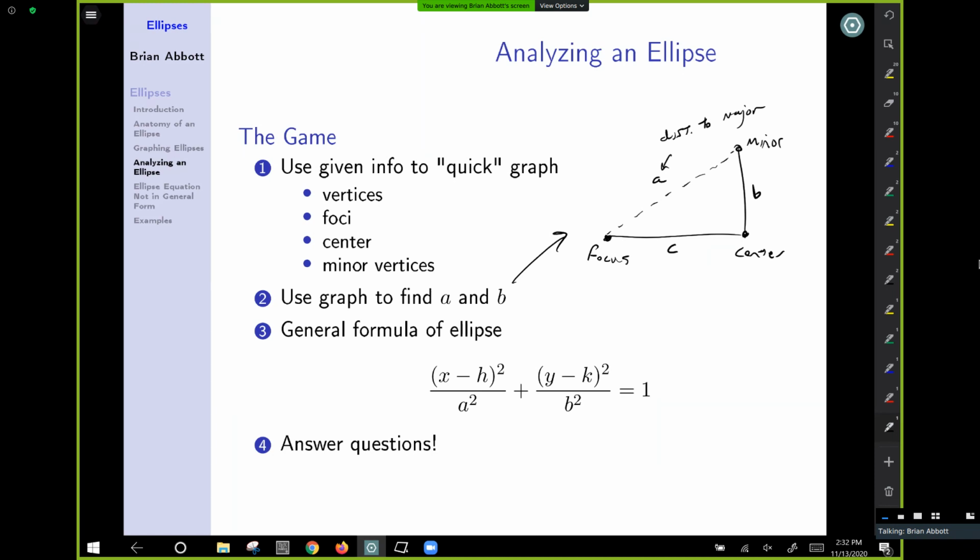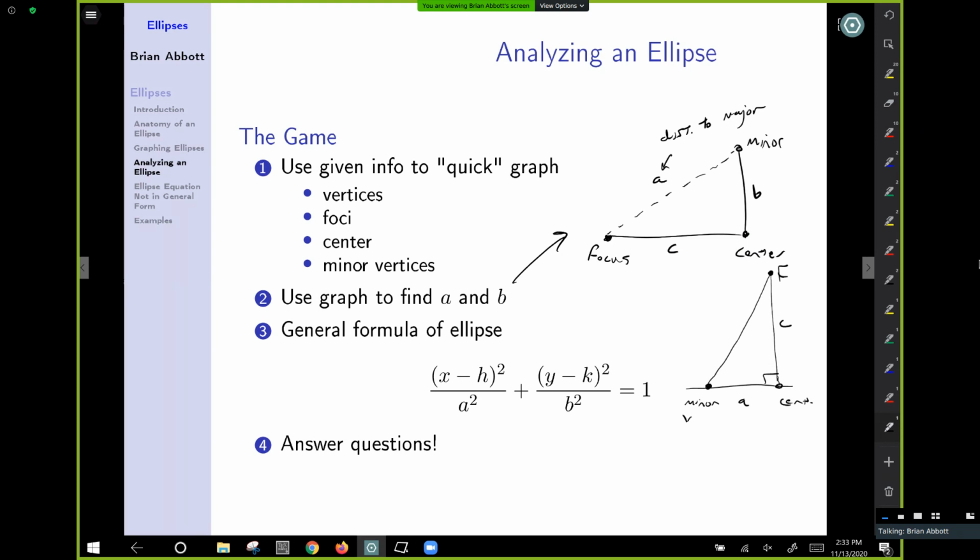Because if your ellipse is longer in the vertical direction, you're going to start with your center down here, and then your focus would be up here. So this would be distance C. And remember, I always use A as the distance to the vertex in the X direction.